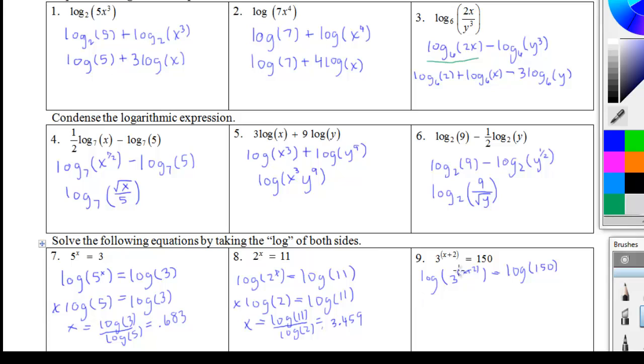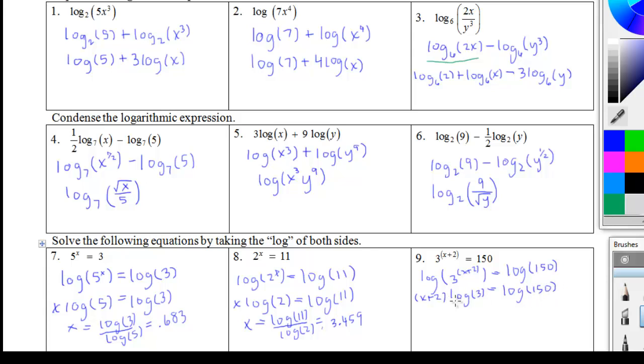And then the whole exponent, the x plus 2, can come down in front. And then you'll still have the log of 3 is equal to the log of 150.